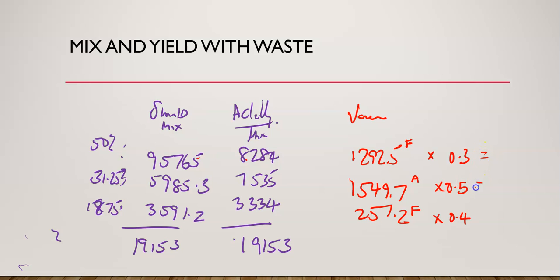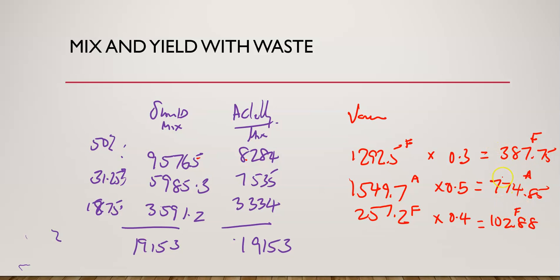So 1292.5 times 0.3 is 387.75, 1549.7 times 0.5 is 774.85, and 257.2 times 0.4 is 102.88. So we have a favorable variance, an adverse variance, and a favorable variance.